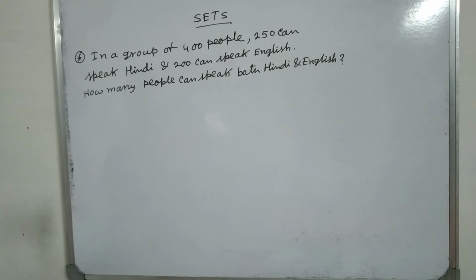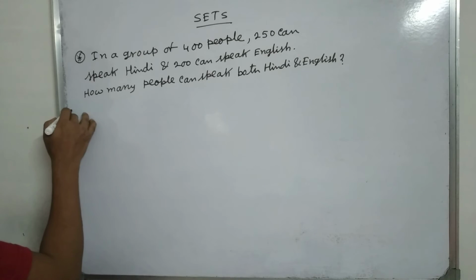In a group of 400 people, 250 can speak Hindi, 200 can speak English. How many people can speak both Hindi and English?